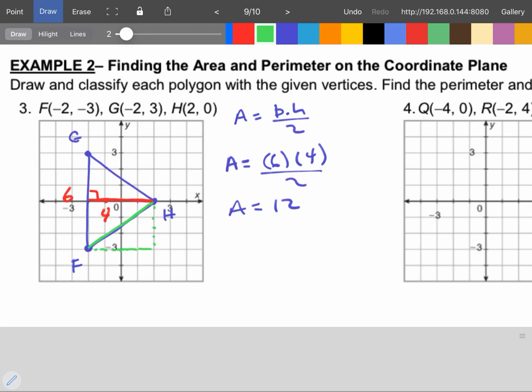That's 1, 2, 3, 4, so that's 4. We can count this vertical side right here. That's 1, 2, 3. So then we could use the Pythagorean theorem. If we're going to find the hypotenuse, all we got to do is take the 4 and the 3, square both of them, add them together, and take the square root.